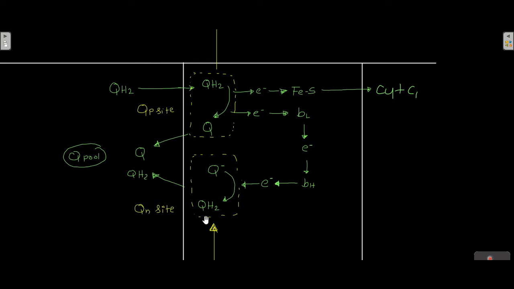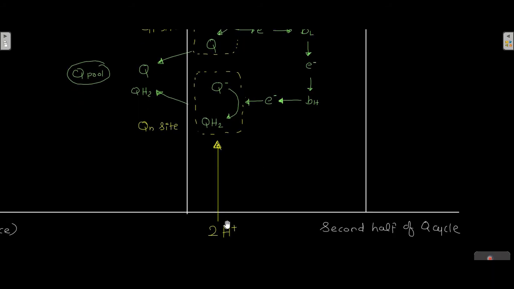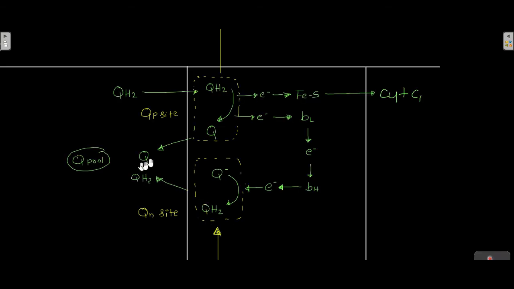This second electron transfer results in the uptake of two protons from the matrix. So in the second half of the Q cycle, there is uptake of two protons from the matrix. Then this Q and QH2 go into the Q pool.